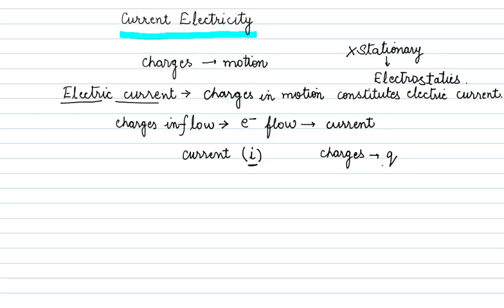So now our charges are not stationary, they are in moving position, they are in flow. If they are in flow, then we can calculate the current. How can we calculate the current?